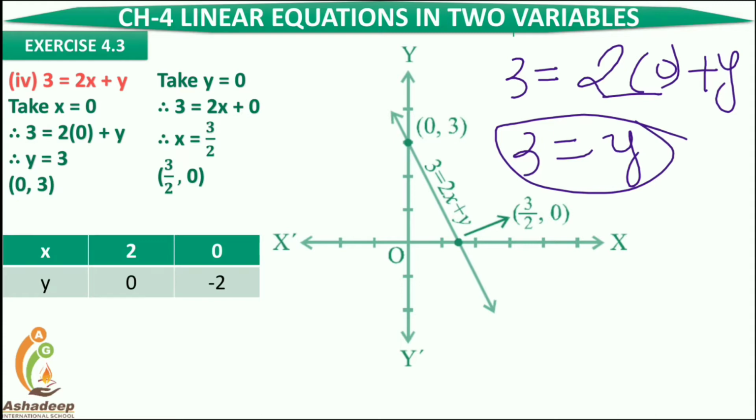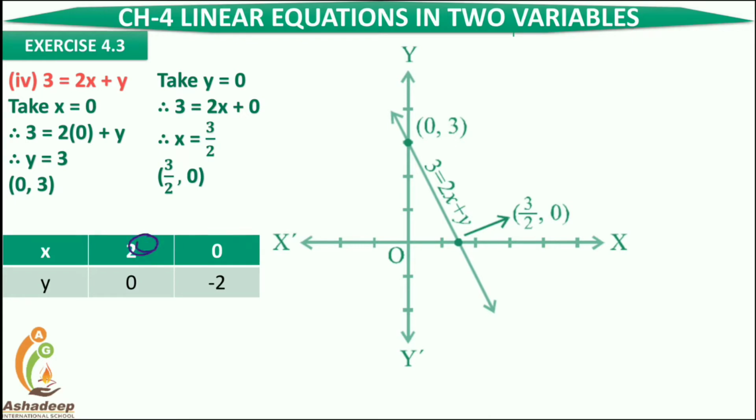See, here it is written mistakenly wrong, right? So here the point is 0 comma 3. See, here it is 0 and here it is 3. And here if we take y is equal to 0, so here it becomes 0 and this 2 from the numerator goes into the denominator, so 3 by 2 comma 0.